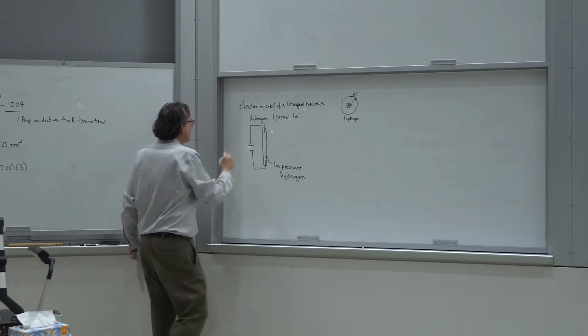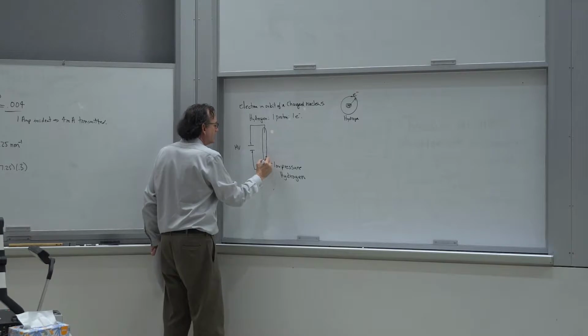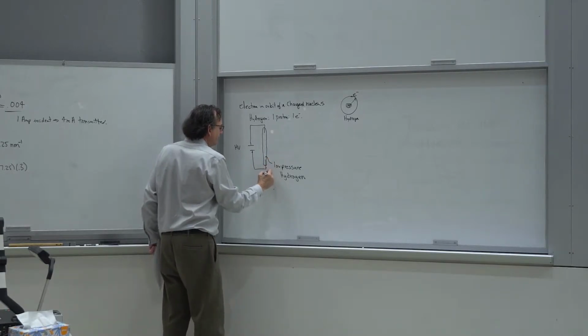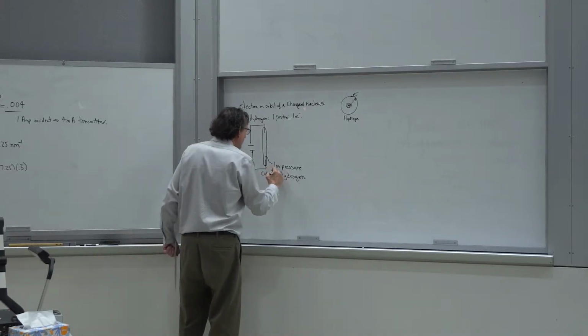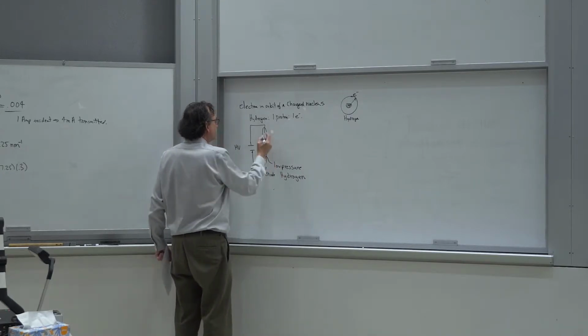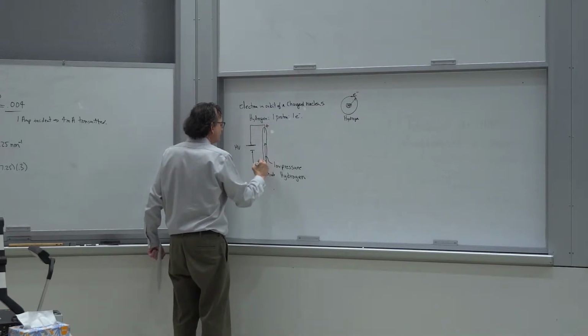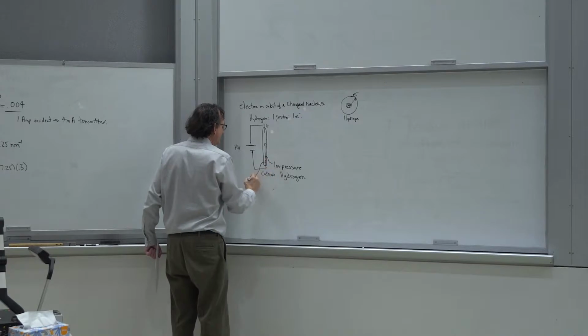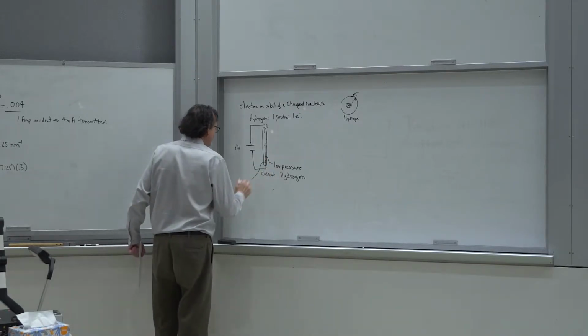The electrons will be emitted from one of the terminals, called the cathode. As the electrons go through, they accelerate to the positive side. So this will be the positive terminal, and this is the negative terminal.